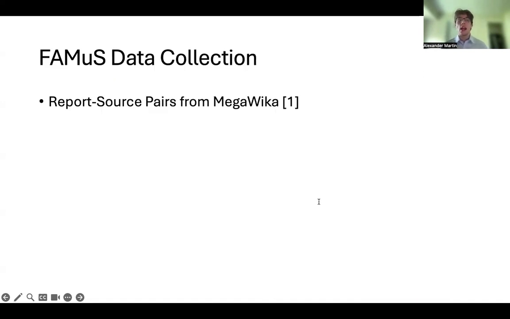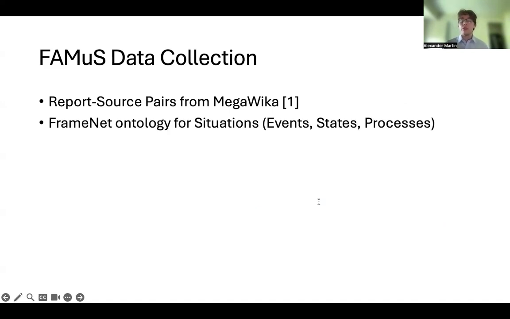To facilitate this task, we collect a new data set consisting of report source pairs from the MegaWiki dataset. We then use the FrameNet ontology to use situation types, where a situation is an event, state, or process. And we collect 255 situation types from the FrameNet hierarchical trees based on inheritance.